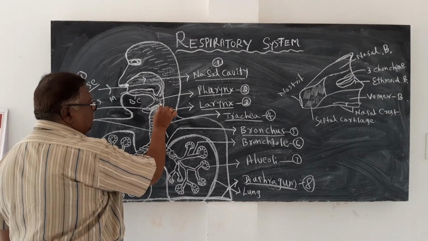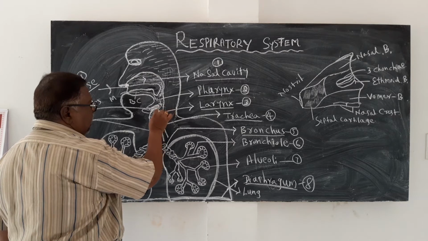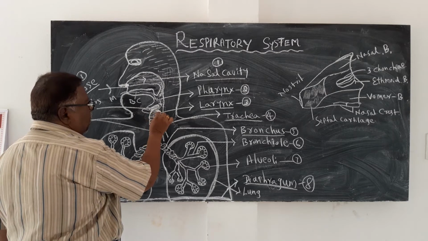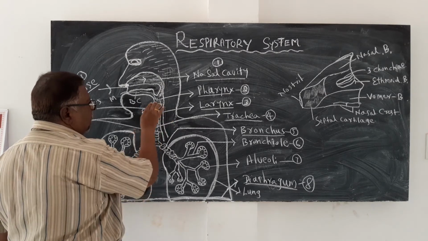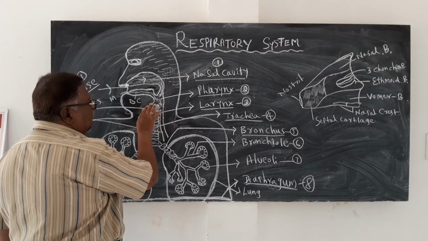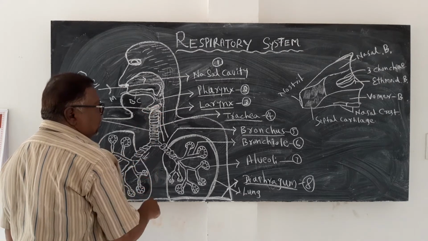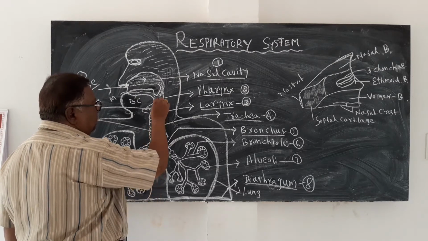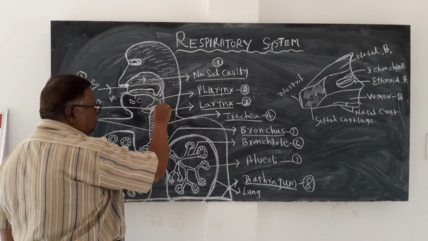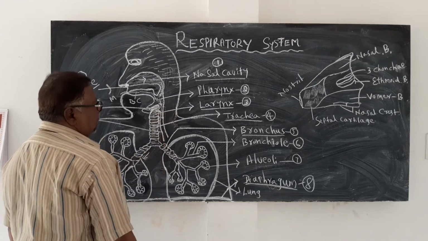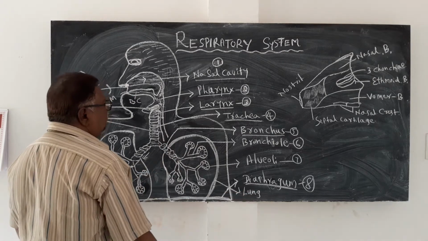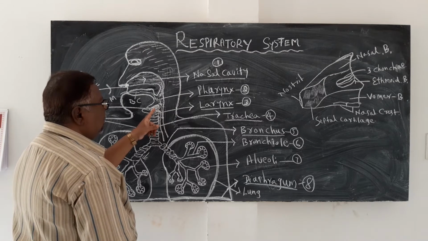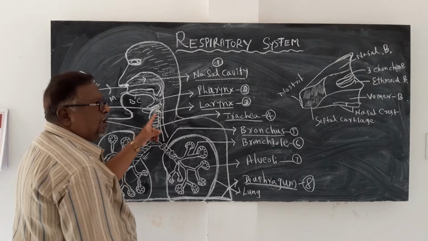This pharynx has one small flap-like structure called the epiglottis, which is on the trachea, and when the food enters, the epiglottis closes the trachea, and the movement of the food into it is stopped. The food goes into the esophagus, and from the esophagus it is the digestive system. Here the epiglottis plays a very important role in avoiding the food entering the trachea.